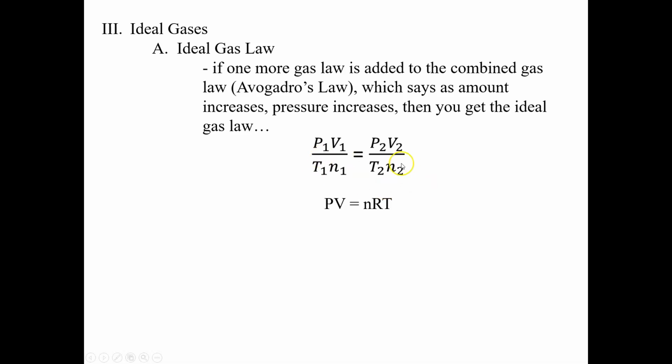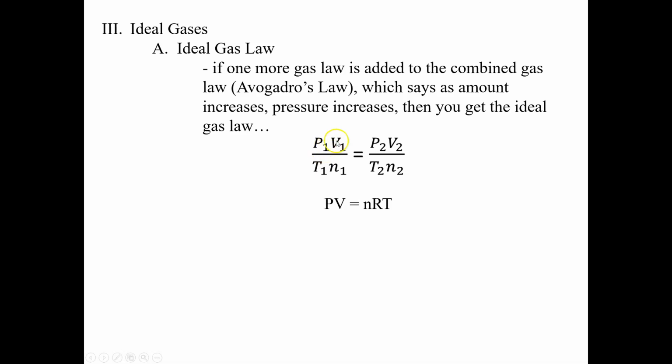Or we can take out all of the 1s and 2s and we can look at it this way. The pressure times the volume equals the number of moles, the number of particles, times R, which is a constant, we'll talk about that in a second, times the temperature.